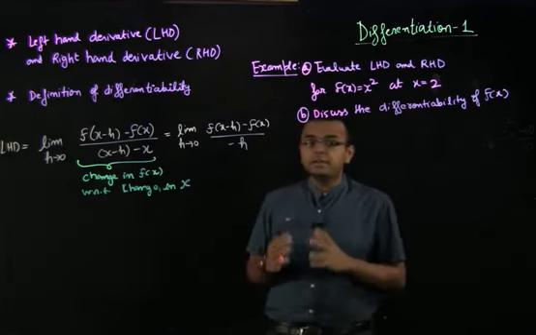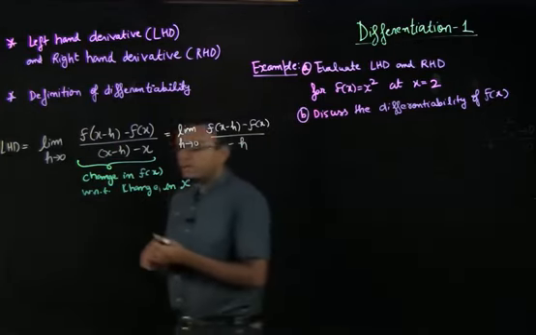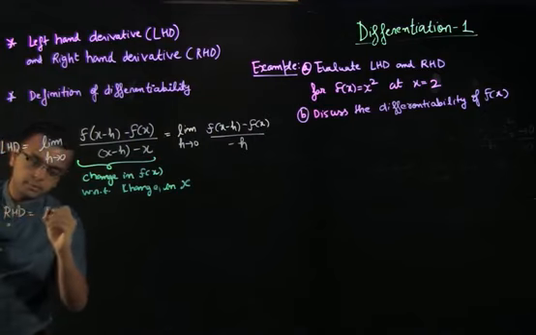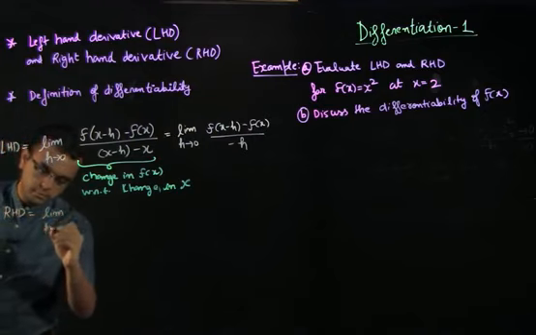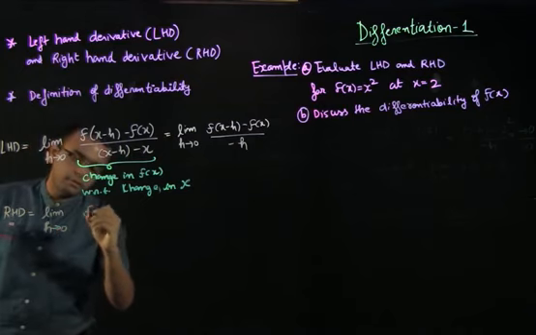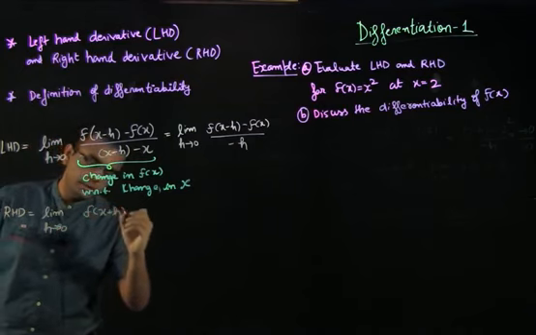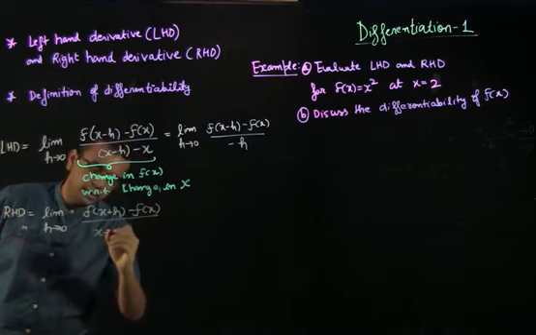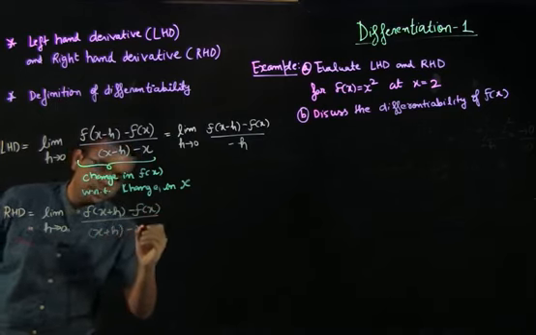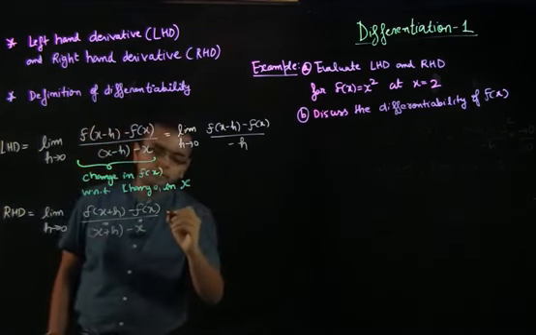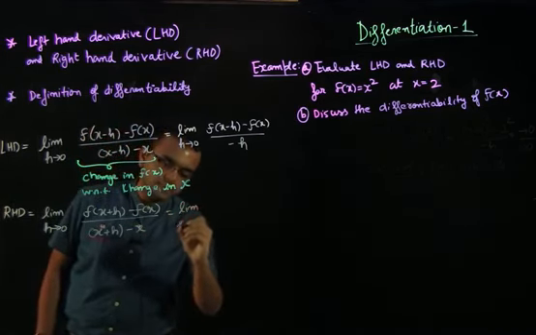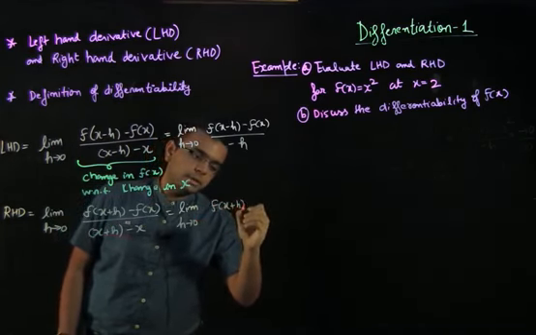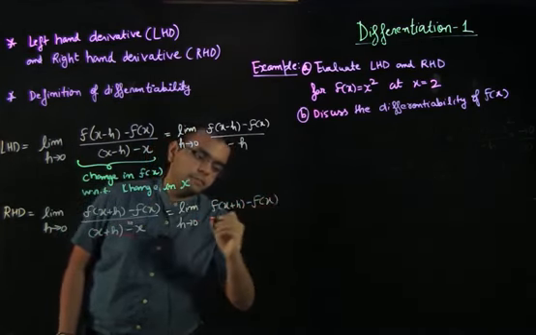So, what is the difference between left hand derivative and right hand derivative? Right hand derivative is defined as follows. Limit h tends to 0, f of x plus h minus f of x divided by x plus h minus x, or similarly nothing but limit h tends to 0, f of x plus h minus f of x by h.